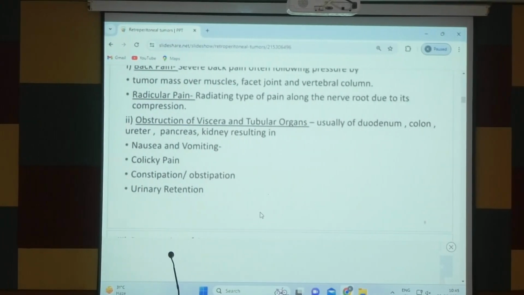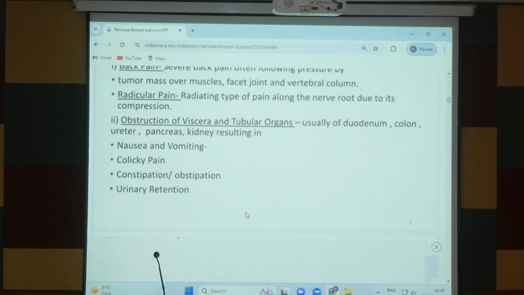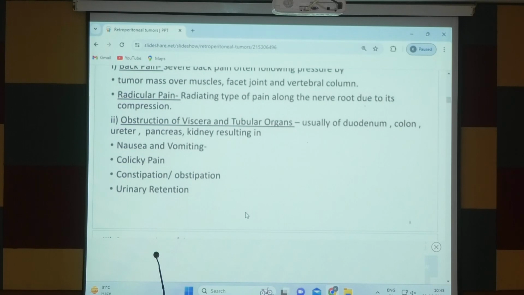What is radicular pain? Pain from the back radiating down. The whole lumbar plexus is down there, the nerves are there; abdominal lumps putting pressure on the nerves behind will cause radicular pain. The possibility of radicular pain is there.